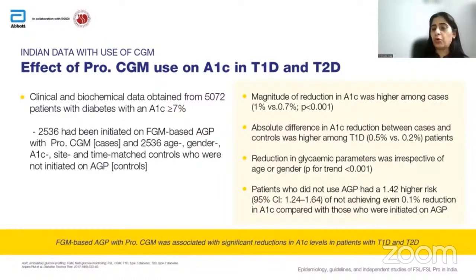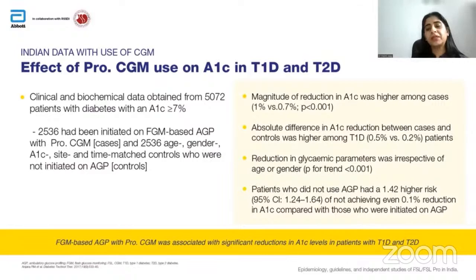What the study clearly showed was that the magnitude of reduction in A1C was higher among the cases versus the controls. The absolute difference in the A1C reduction between cases and controls was higher among patients with type 1 diabetes, 0.5% versus 0.2.